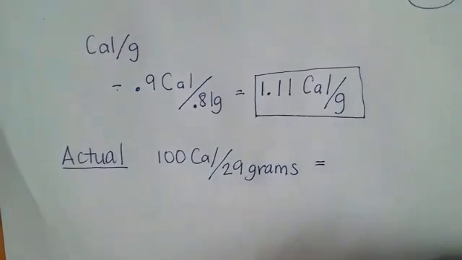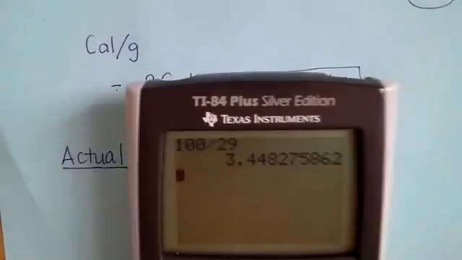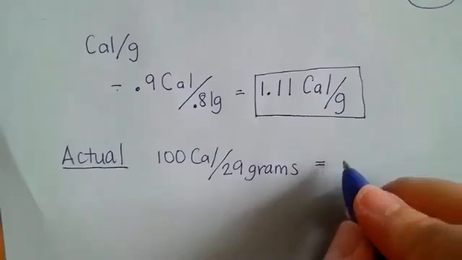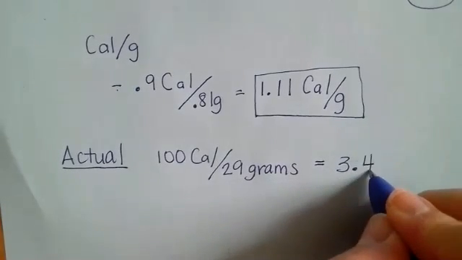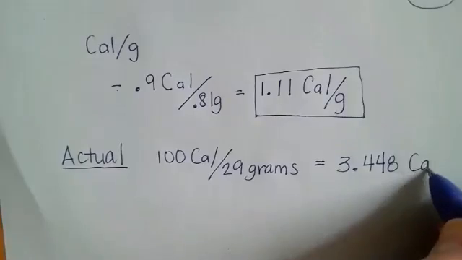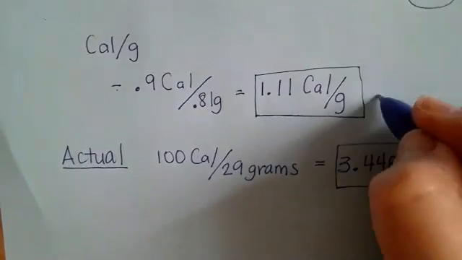So if you divide that out, you get 100 calories divided by 29 grams, which is 3.448. That's calories per gram.